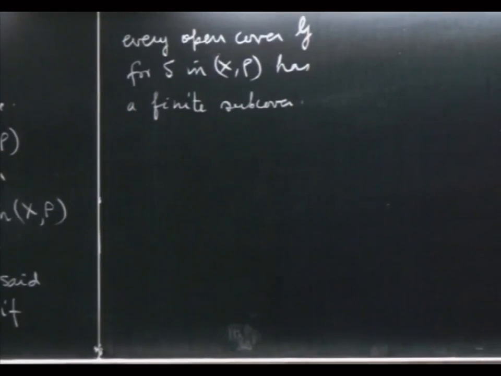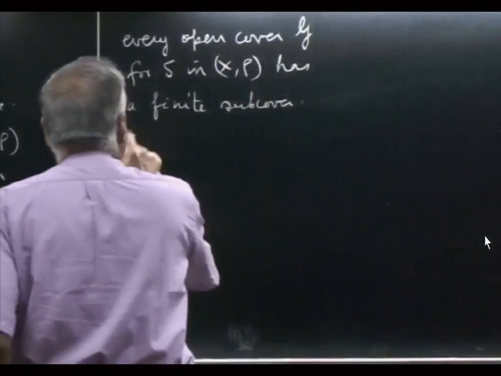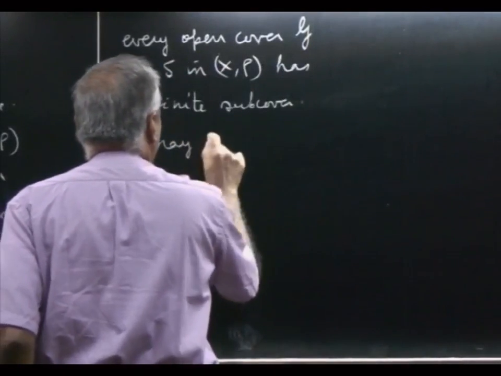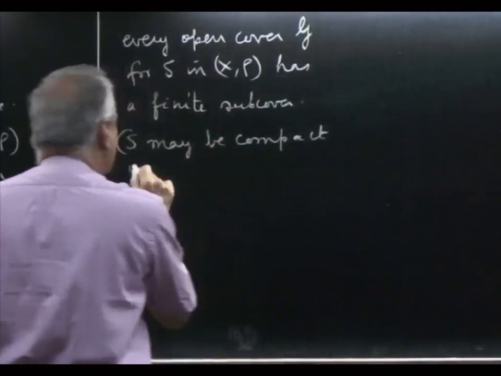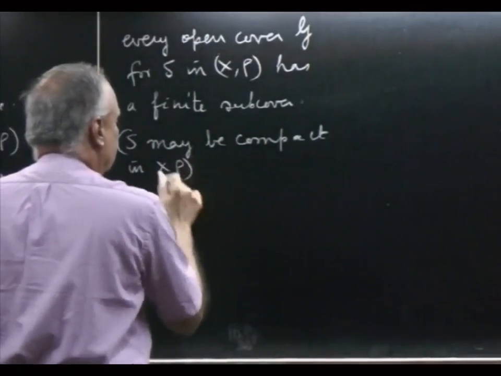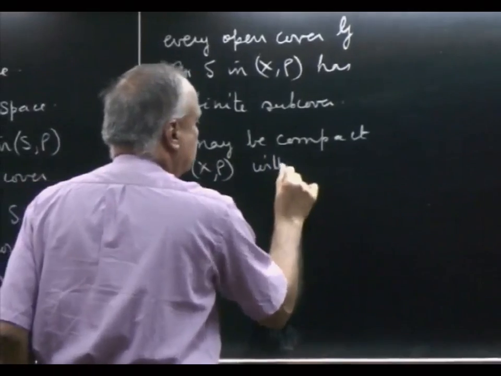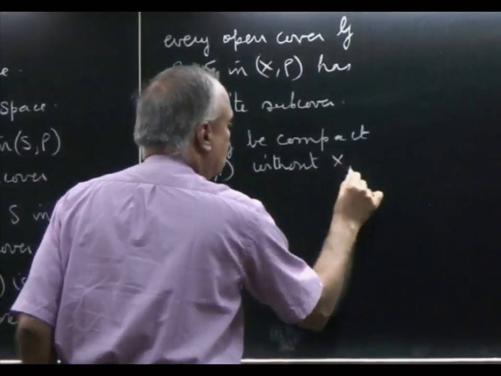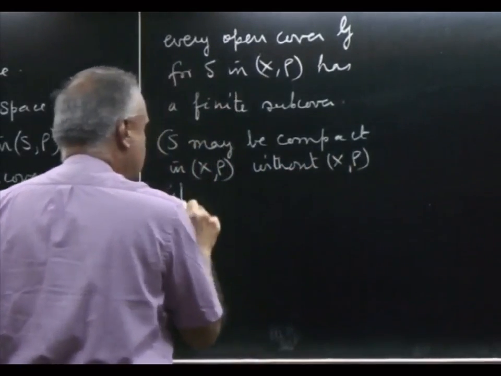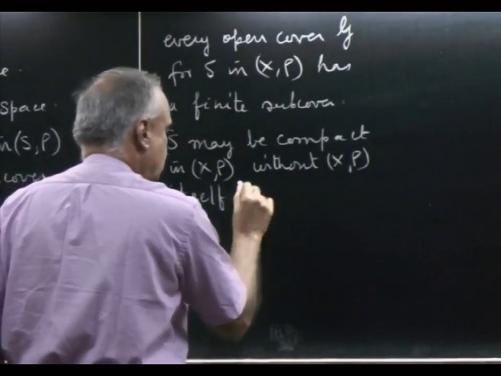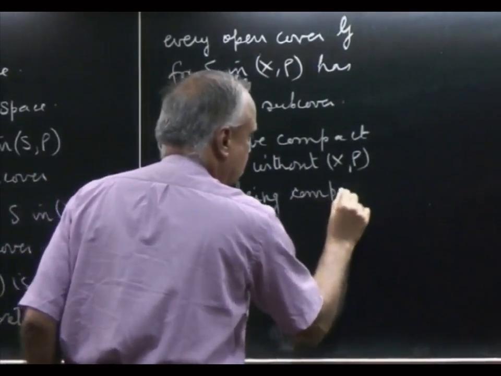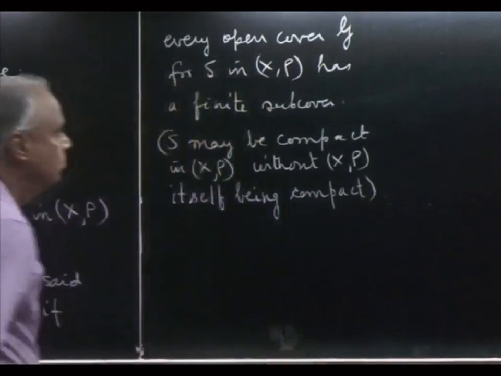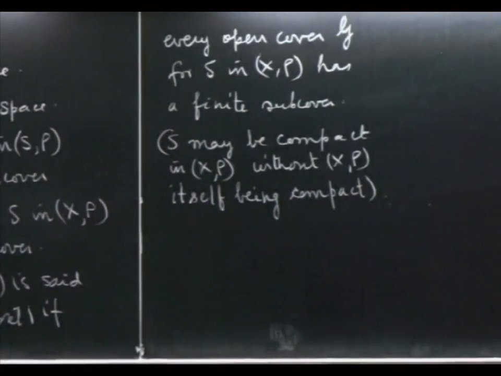So yes, S may be compact in (X, rho) without (X, rho) itself being compact. So that is the notion of compactness applied to subsets.